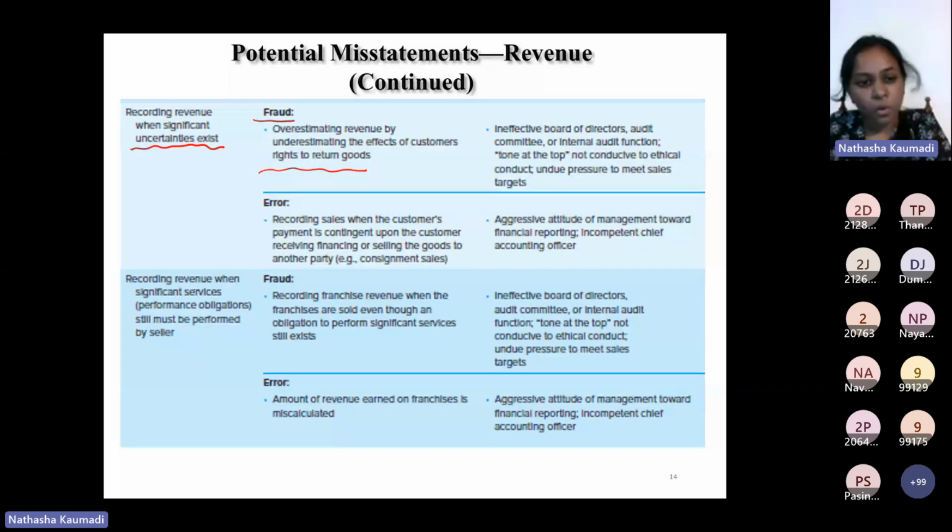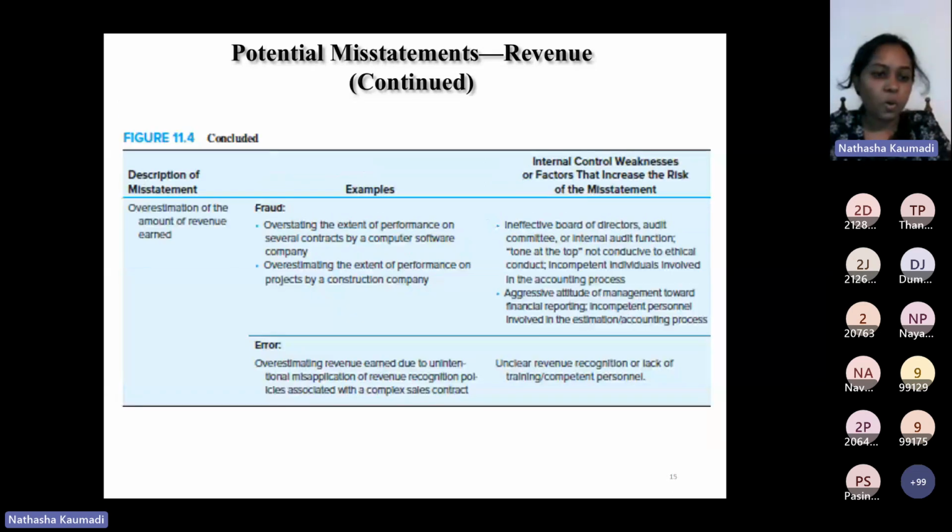And then the next one, recording revenue when significant services still must be performed by the seller. This is most importantly for contracts. Let's say recording franchise revenue when the franchises are sold, even though an obligation to perform significant services exists. Likewise, some of the performance obligations have not been met yet, but revenue has been recognized. So that is again a mistake. Another one is overestimation of the amount of revenue earned.